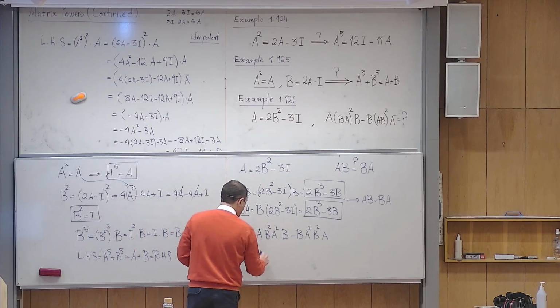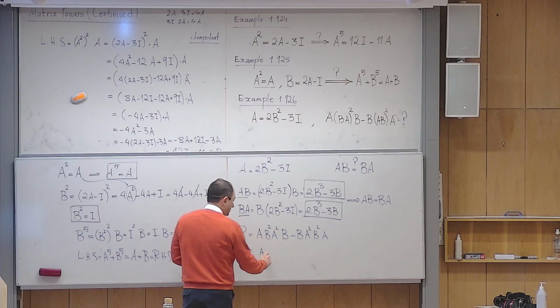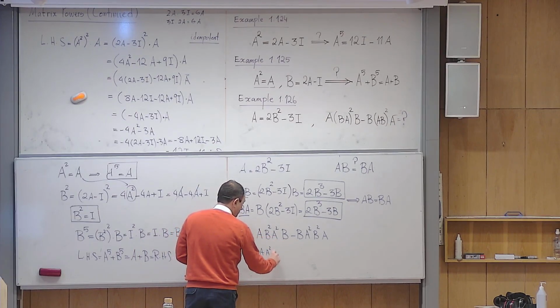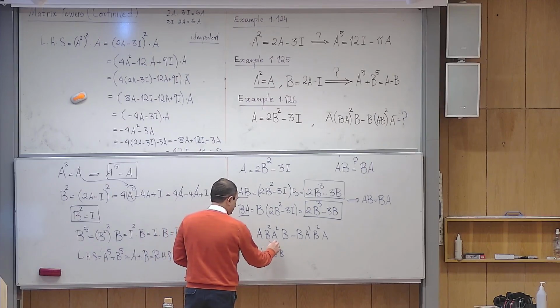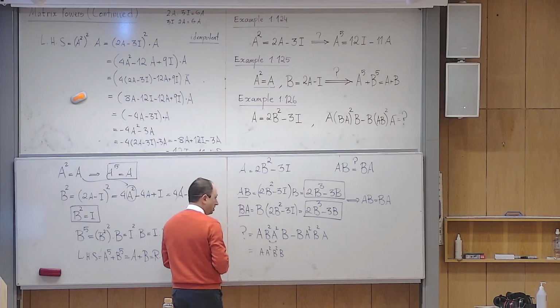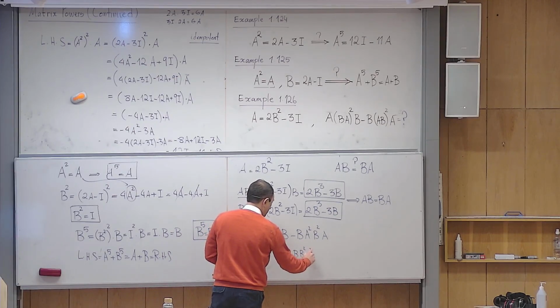So here I can also commute. I'm not saying this is the best way or the only way to answer after that, but this is one way at least. Yes? I commute these two. For the same reason, I can commute the middle one. So this becomes B squared, A squared, A.